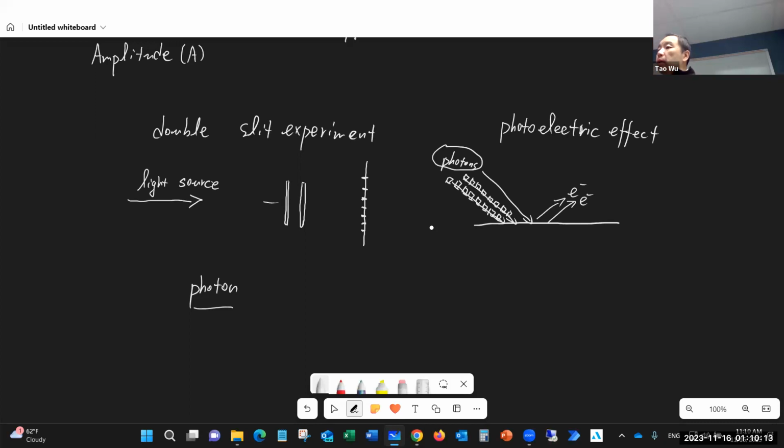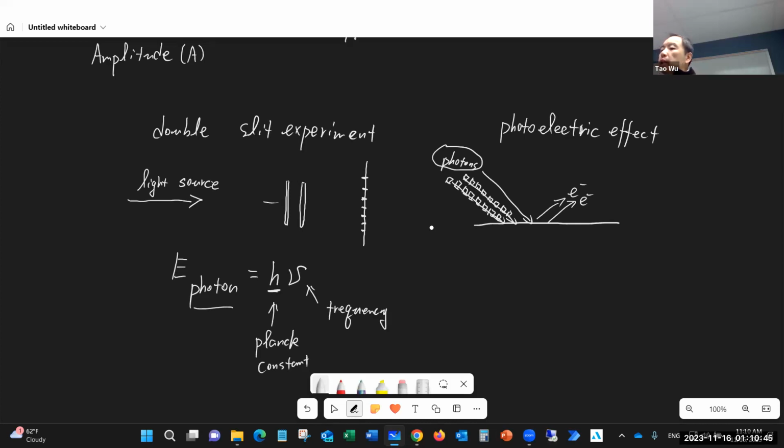It doesn't matter how many photons you have, they always carry the same energy for a certain electromagnetic wave. Because the energy of the photon is by definition h times nu. Okay, the h is what we call the Planck constant, and nu is the frequency.